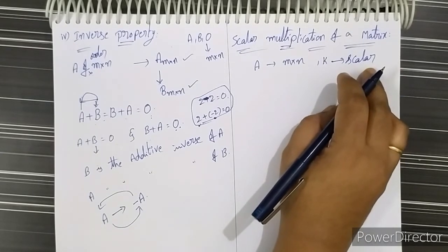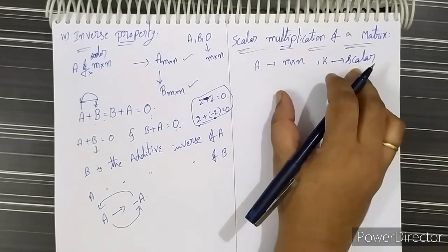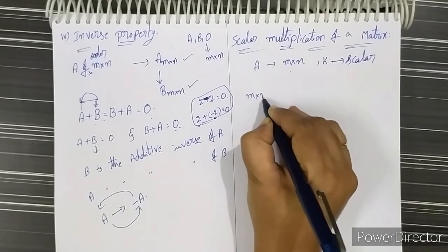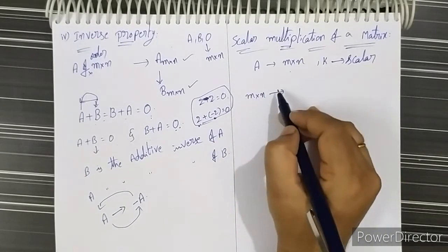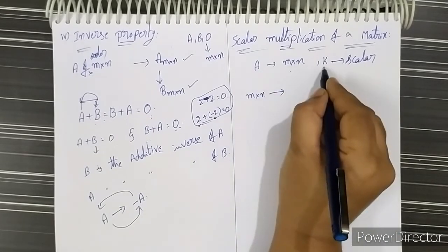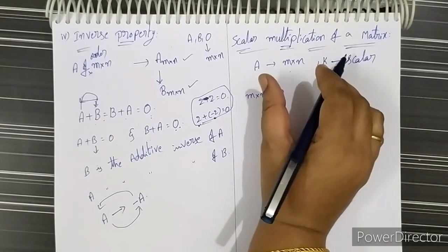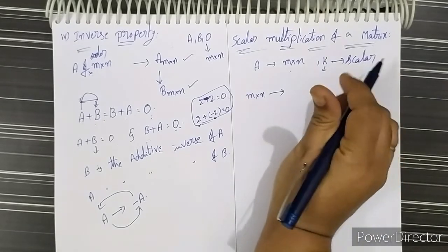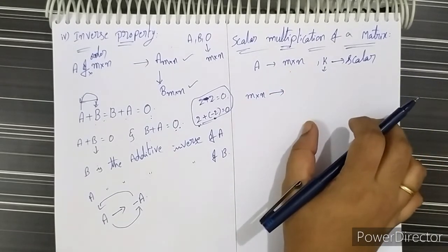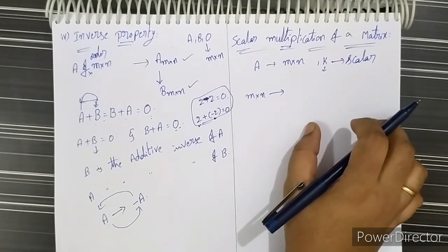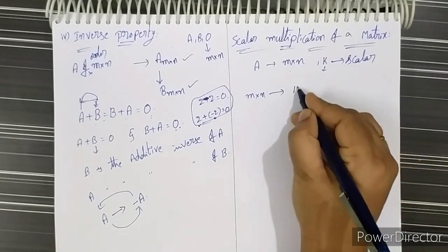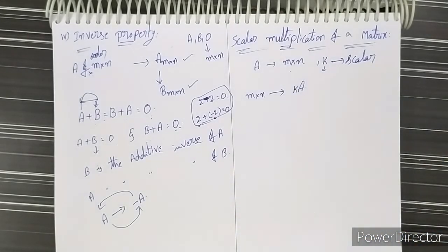Then the m by n matrix obtained by multiplying each element of A with K is called the scalar multiplication of a matrix and is denoted by kA.